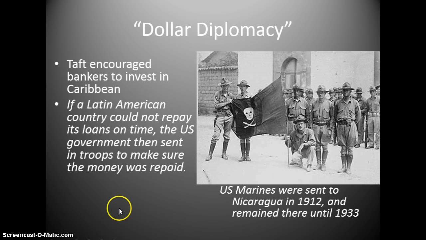So basically, Taft had the idea that dollars influence just as much as bullets do, and that the United States can step in and help to stabilize countries that are otherwise unstable to prevent other outside influence.